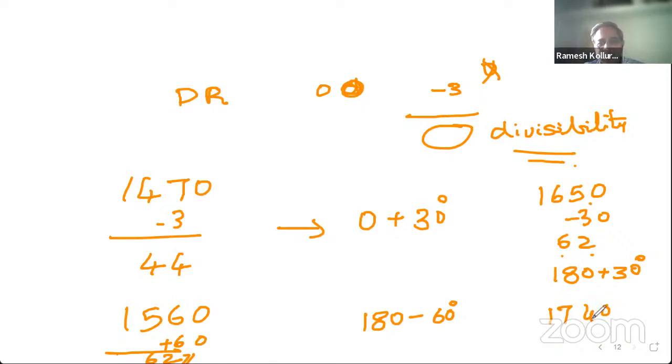So this is even and odd, so you have to add 6. So 74 plus 6 is 80. So this is 360 minus 60, which is sine of minus 60, that is minus sine 60. I hope everyone is clear with this concept, right?